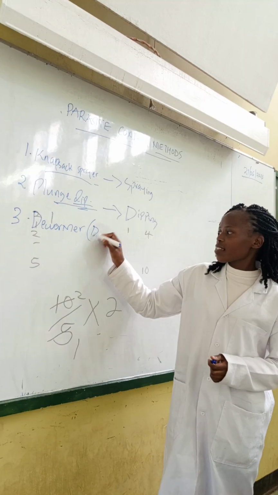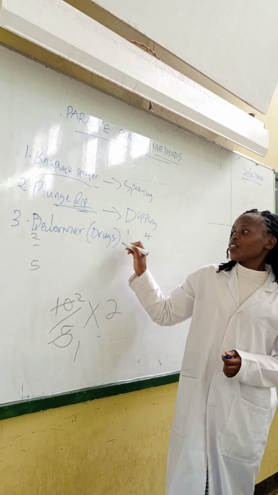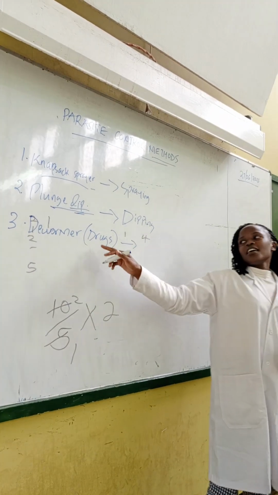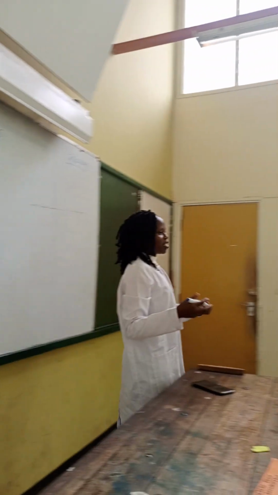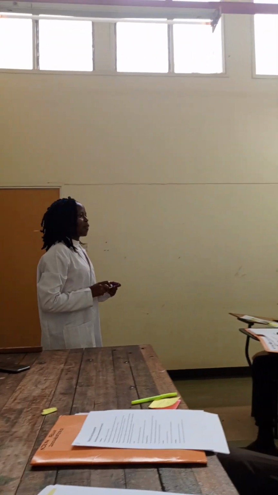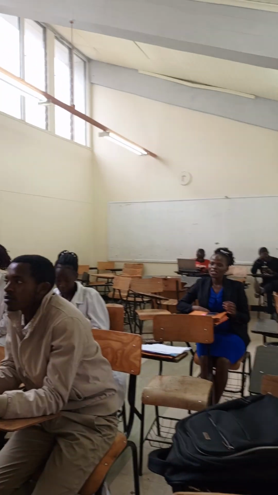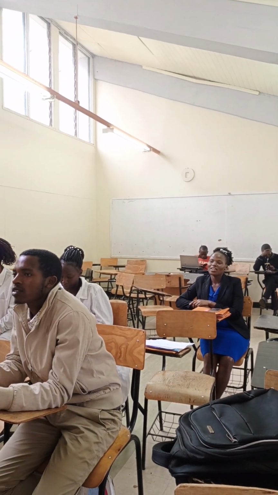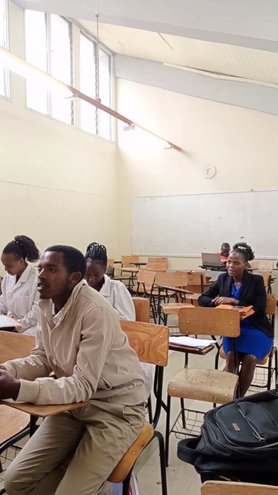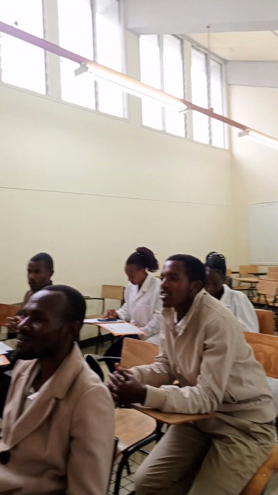So what are dewormers used for? What are drugs used for? Yes, good. They are used to administer drugs to the animals. Dewormers are used to administer drugs to animals.